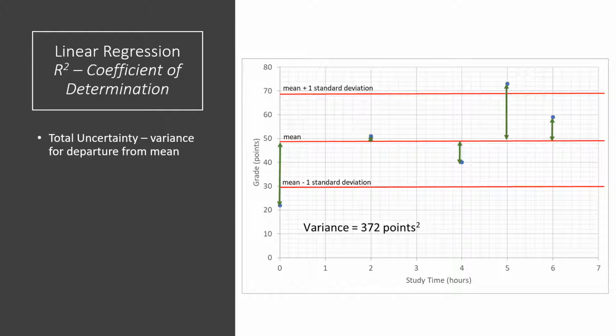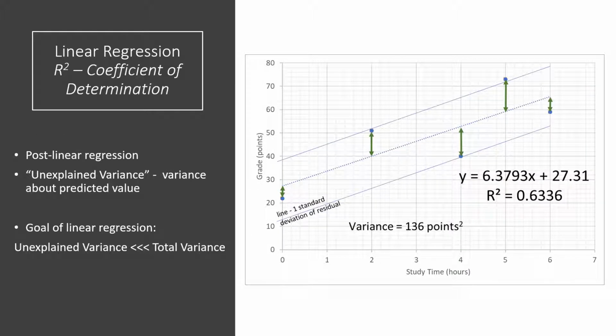That's what we call the total uncertainty, or the variance for the departure from the mean value, in other words, that horizontal value. Now, what we're going to do in a minute is calculate the variance about our predicted value. And hopefully that's going to be smaller than the total variance. Otherwise, you're not doing a very good job.